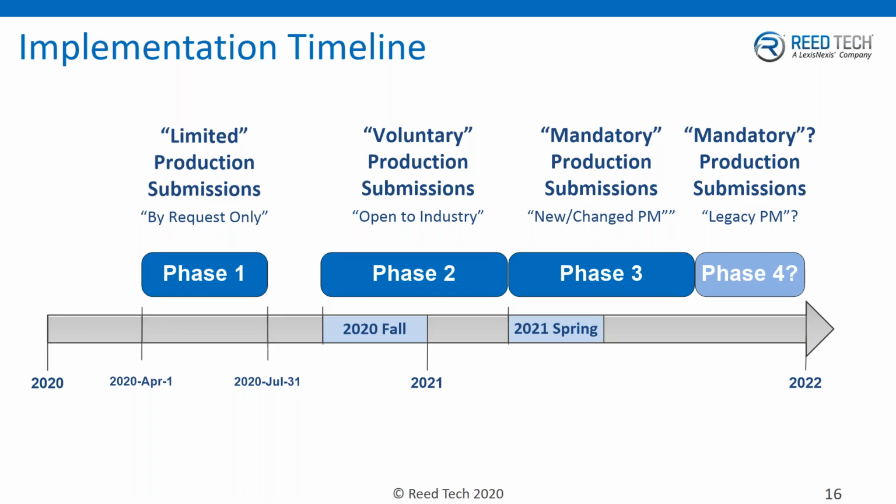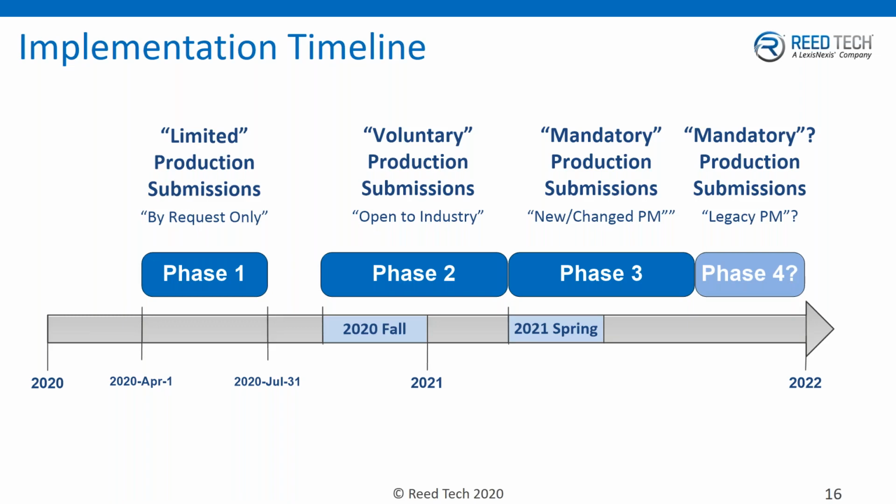The fourth phase I put on here as just kind of a placeholder. There's no date, there's no plan for all those legacy product monographs that use the 2004 and earlier. But I think Health Canada is going to wait and see to get a feel for how this conversion is taking place, this migration to the new format.